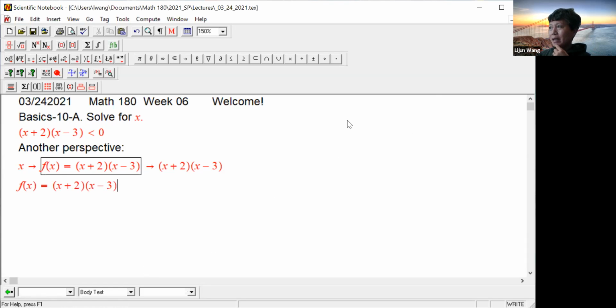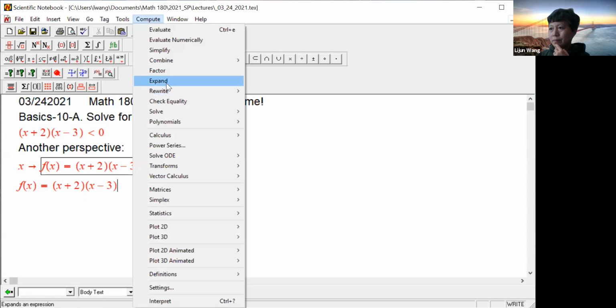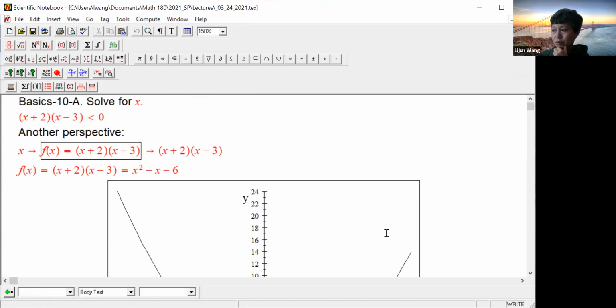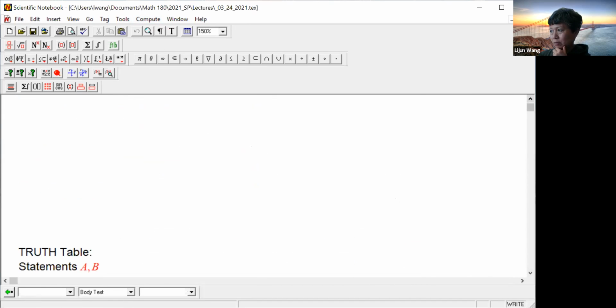If you expand this, you're going to get a quadratic function. And if you graph this quadratic function, what do we see? This is the curve we see.